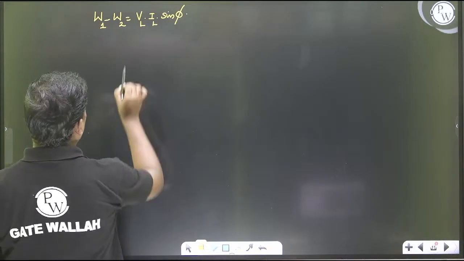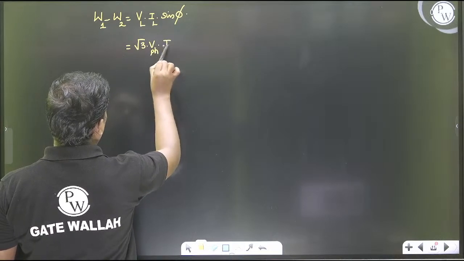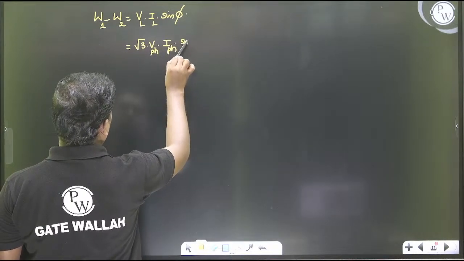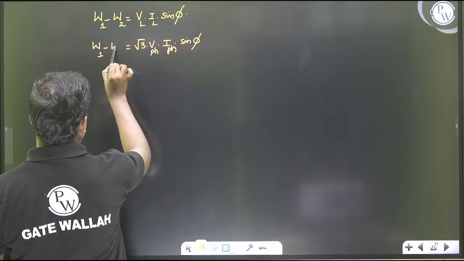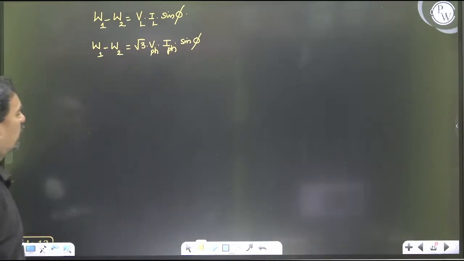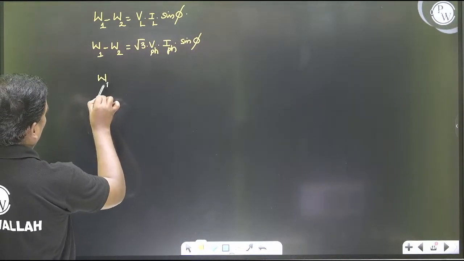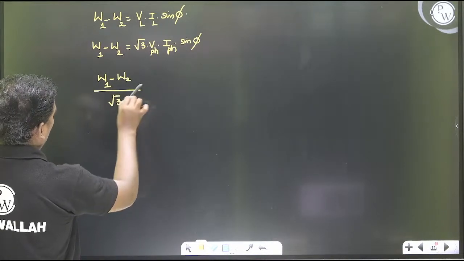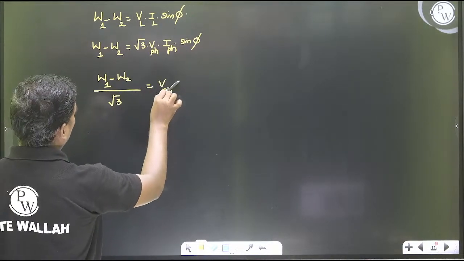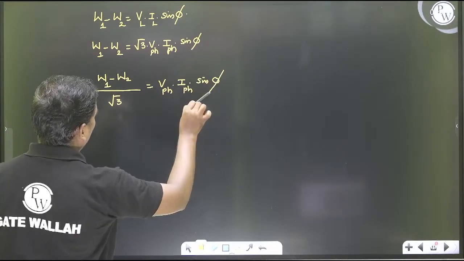So if ध्यान से देखो तो क्या है, VL is equal to √3 VPH IPH sin phi. This is the W1 minus W2. So this is VPH IPH sin phi.